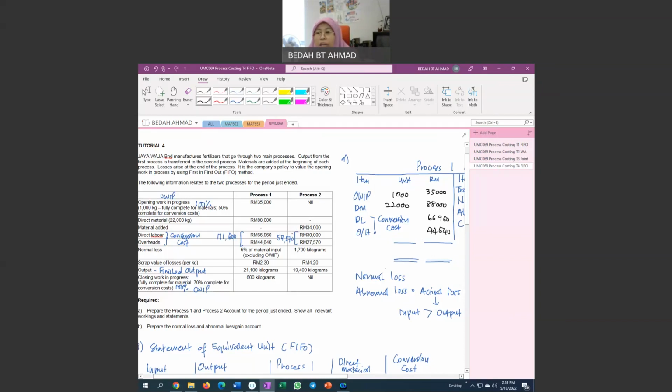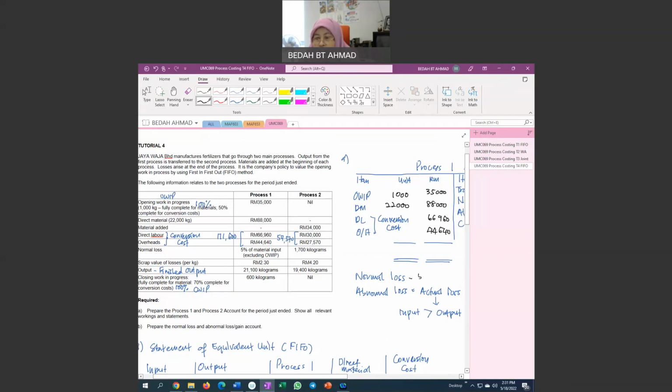Then we look at the credit side, on the output. There is a normal loss. Don't forget, normal loss is 5% of the material input excluding OWIP, the opening work in progress.